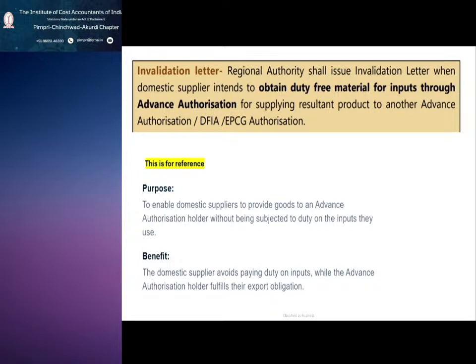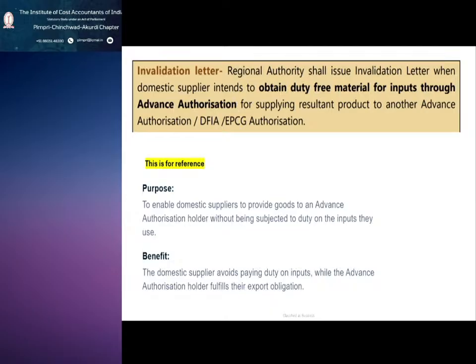So for the domestic supplier to import the inputs or raw materials, I, the owner of the advance authorization license, apply for the invalidation letter and issue that letter to the domestic supplier. Generally, from where will I get the invalidation letter?